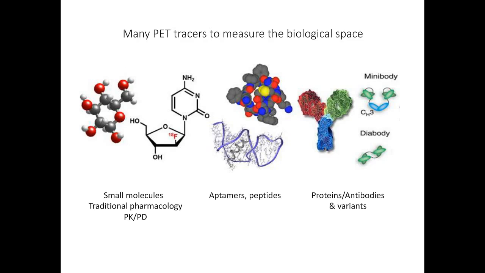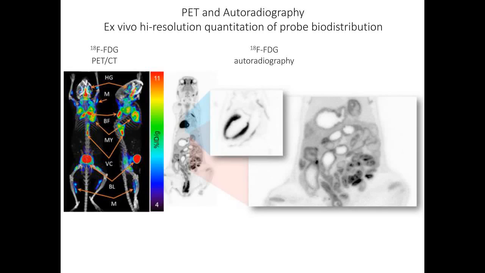So a good example that most people are probably familiar with, and that is generally done in the clinic, is FDG imaging. FDG is an analog of glucose that has been radiolabeled with the F18 isotope, radioisotope. On the left-hand panel is an animal that we injected with FDG and underwent PET-CT imaging.